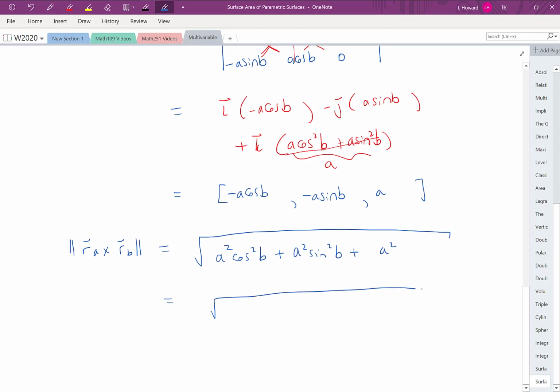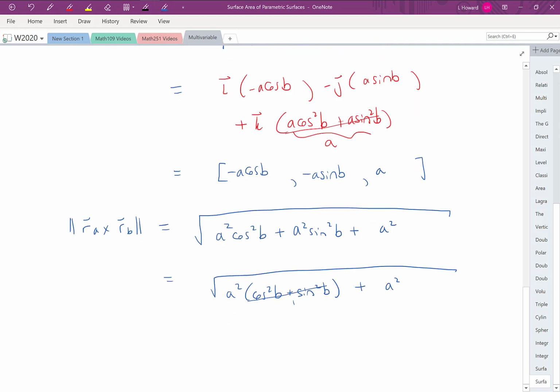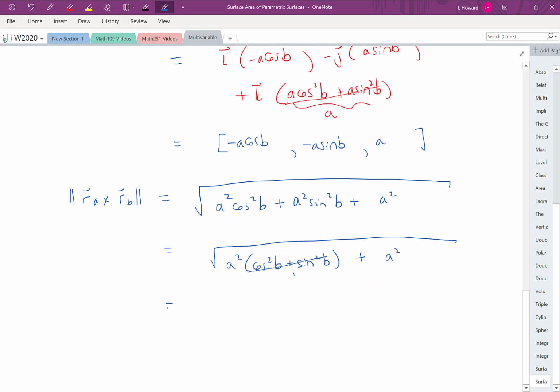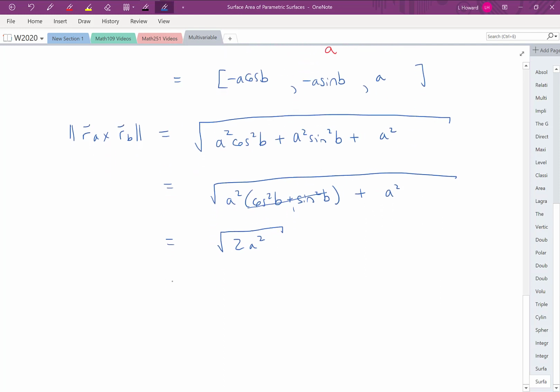For the first two terms, you could factor out the a squared and you'd have cos squared b plus sine squared b, which is going to give us 1. In other words, under the root, we've got just a squared plus a squared, so 2a squared. We can then pass the square root to each of those factors. We can say that's root 2 times a.